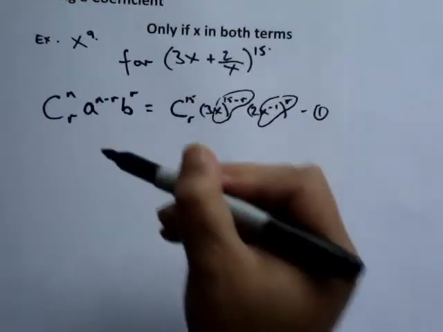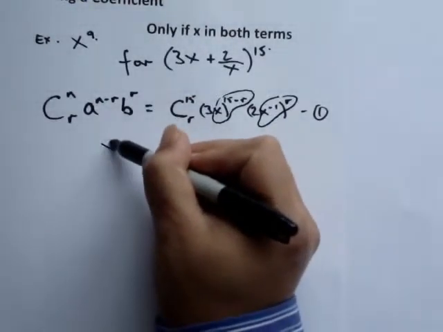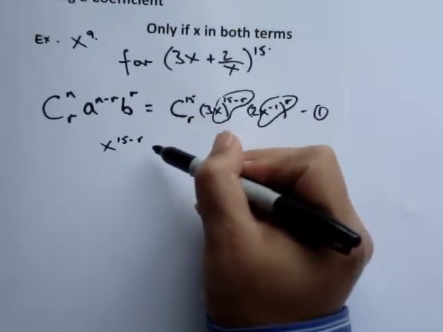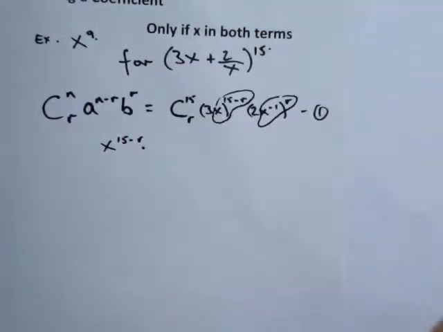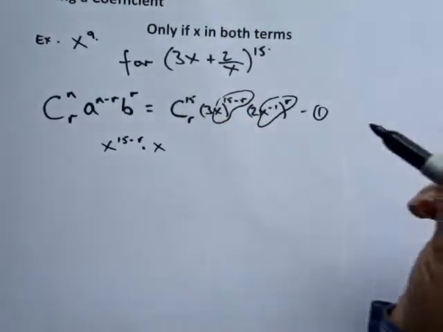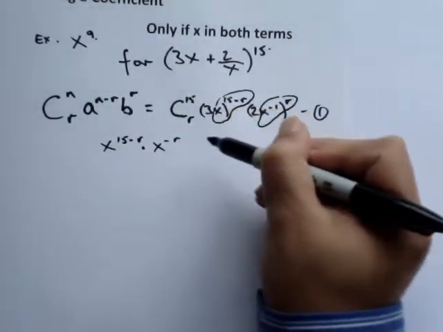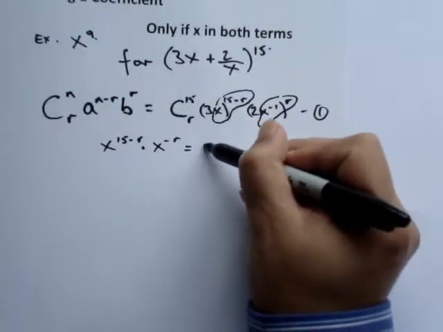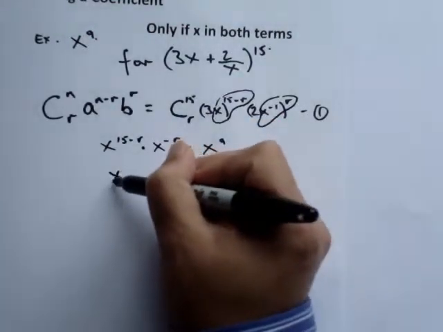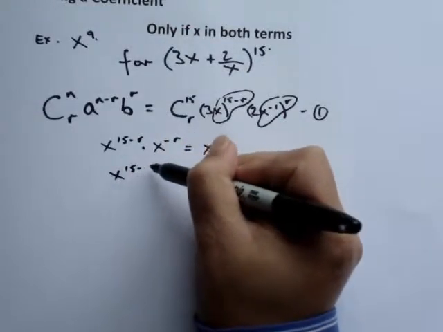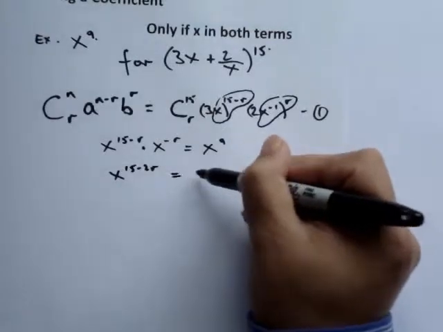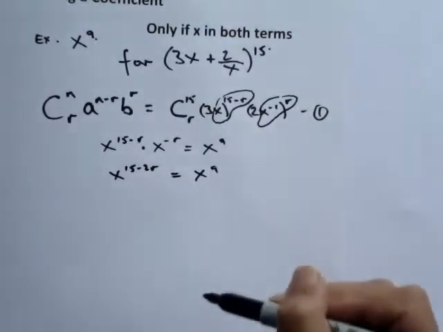So this then becomes x to the 15 minus r multiplied by x to the minus r equals x to the power 9. So x to the 15 minus 2r, when we use our exponent rules, equals x to the power 9.